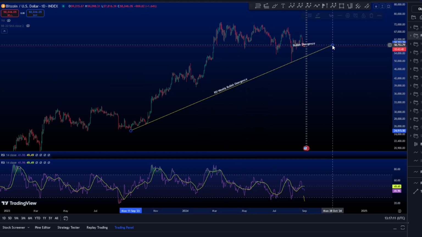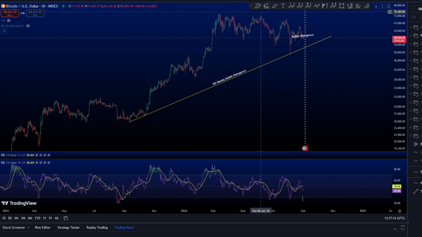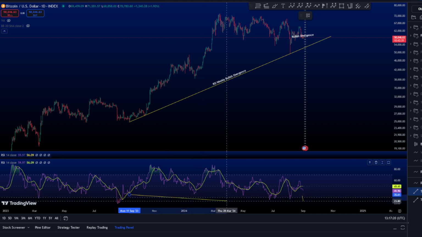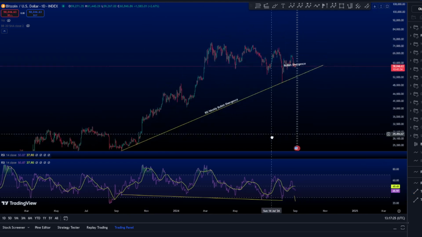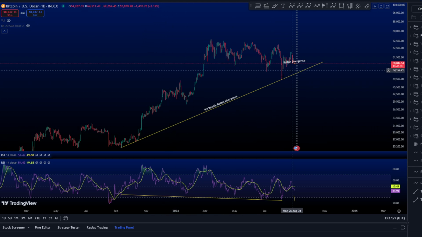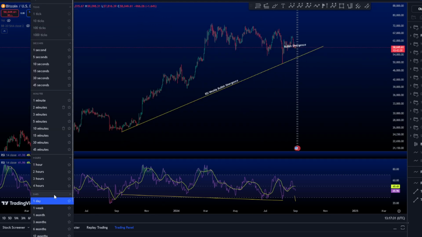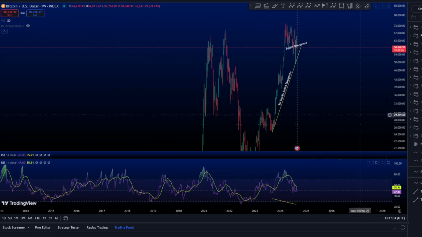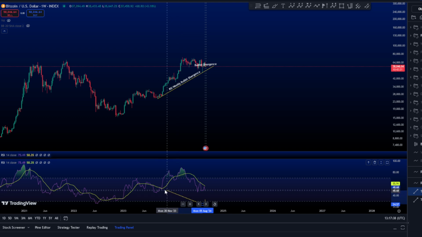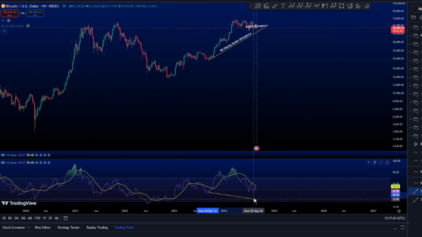It's a very big one, and if we take it from this point here to exactly here, you can see a big divergence on the daily or on the weekly at the same time. If we take it from the weekly here, you can see that this is even higher, right, on the RSI weekly chart. Here we go.